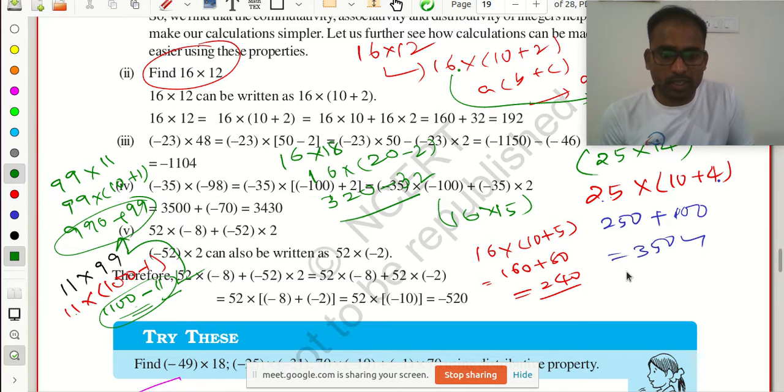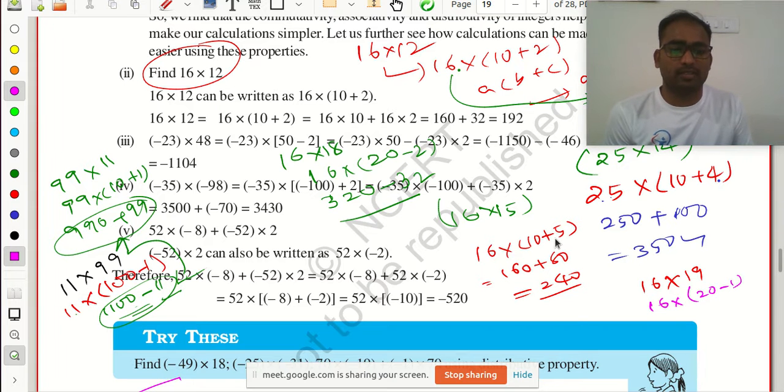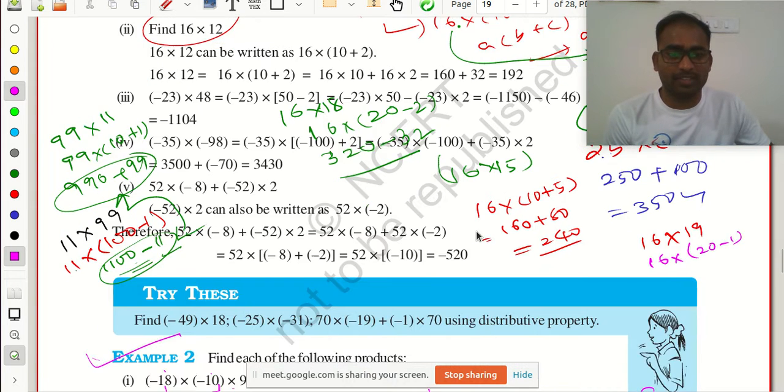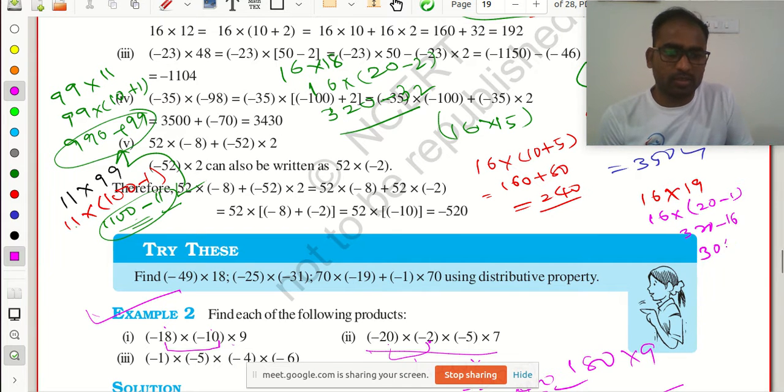And one more thing: if I want to calculate 16 into 19, what will you do? 16 multiplied with 20 minus 1. Then 320 minus 16, 304 is the answer.